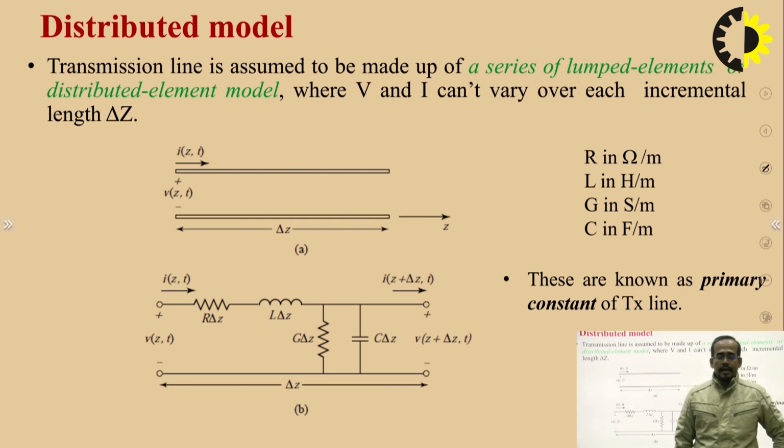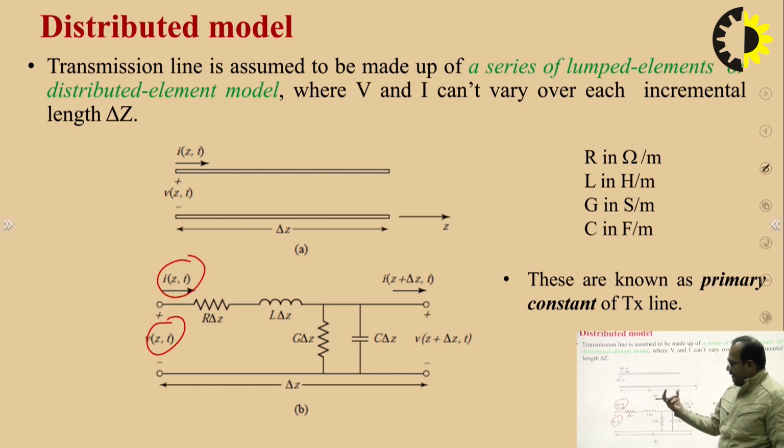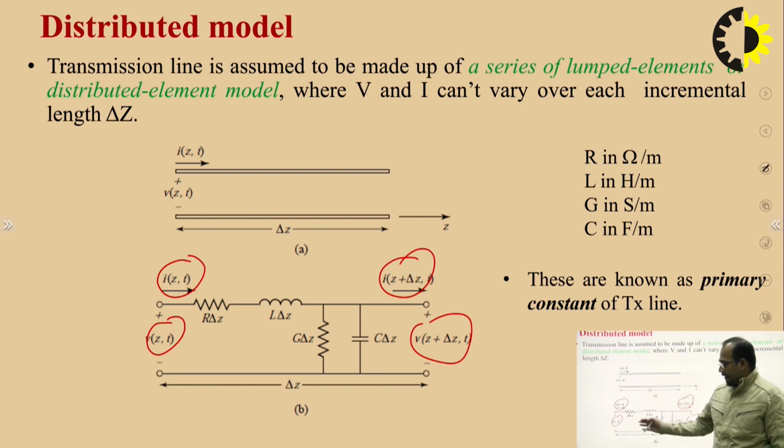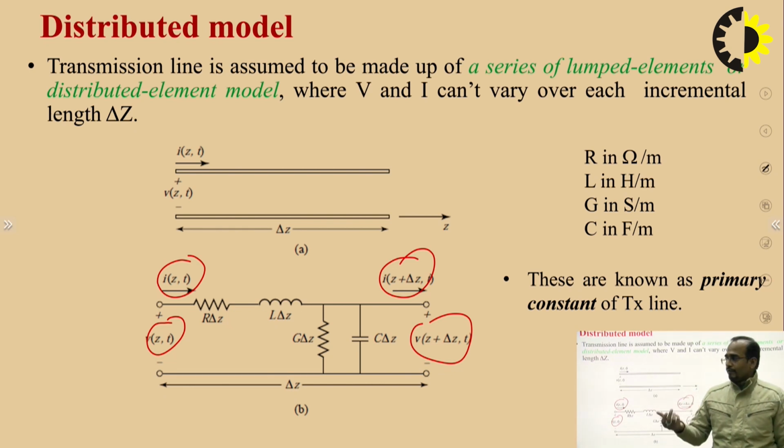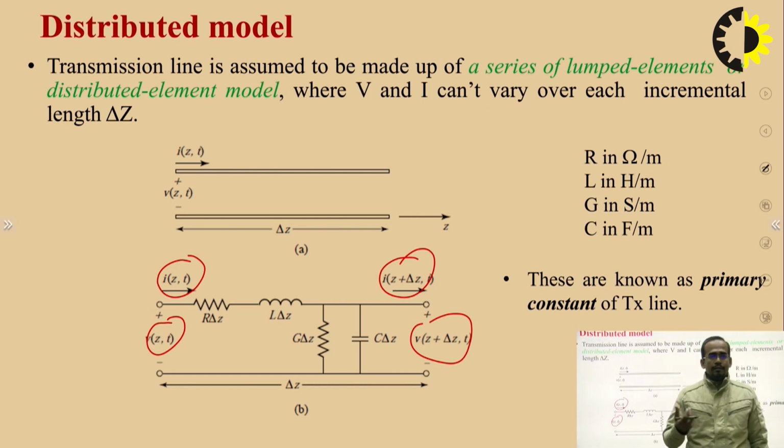Here I have considered R, L, G and C per unit length, and the length of the transmission line is delta Z. If the input voltage is Vz and the current is Iz, then at distance delta Z, the values will be Iz plus delta Z and Vz plus delta Z. Here you can see that R is multiplied by delta Z, L is multiplied by delta Z, G is multiplied by delta Z and C is multiplied by delta Z. R is the resistance per unit length, so for delta Z distance the resistance will be R multiplied by delta Z. That will be the value of the resistance for a particular length of the transmission line.